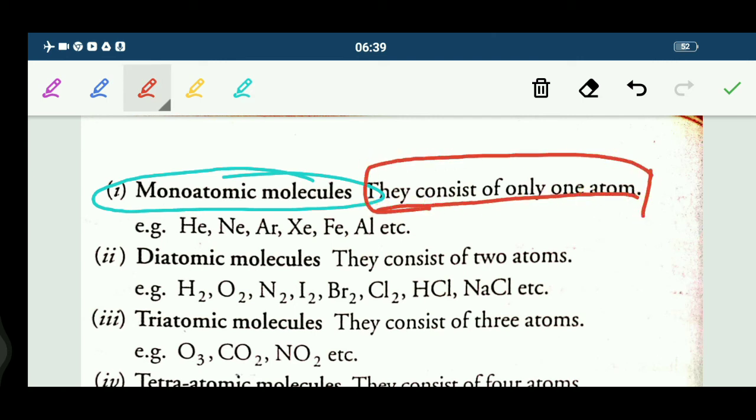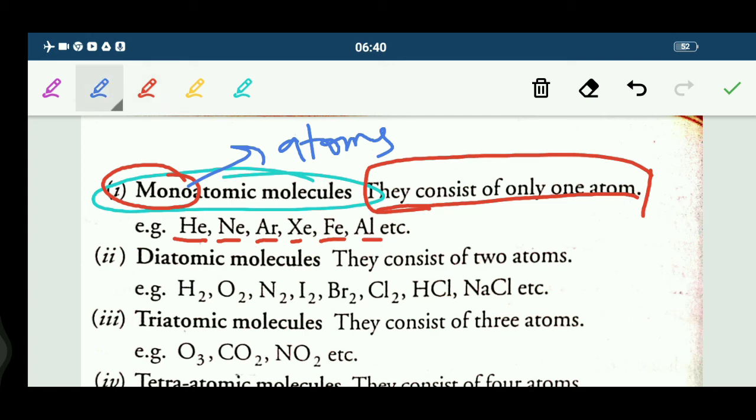Only one atom is there, that is why it is mono, and atomic is related with the number of atoms. If there is one atom, that is the monoatomic molecule. Its atomicity would be 1. For example, helium, neon, argon, xenon, iron, aluminium, etc. They are monoatomic molecules.